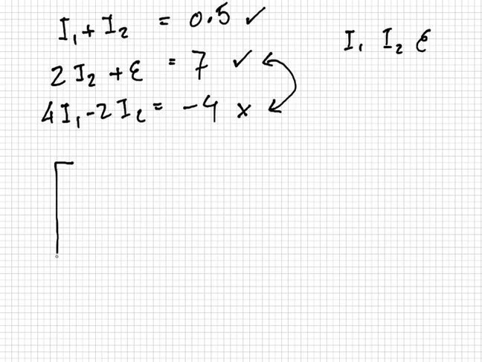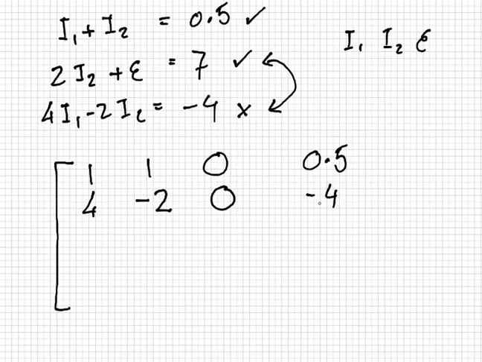So putting in block form, 1, 1, 0, 0.5. And then here, this is the second one. 4, minus 2, 0, minus 4. And then the last one, 0, 2, 1, 7.